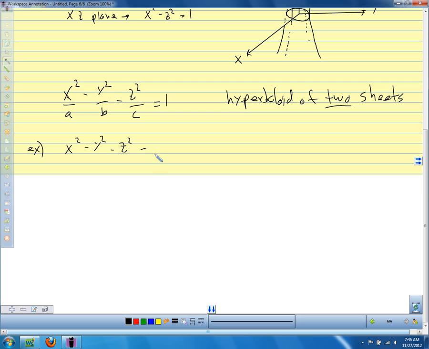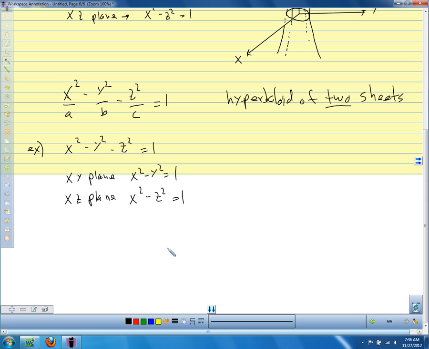So in the xy plane, I have x squared minus y squared equals 1, which is a hyperbola. In the xz plane, I have x squared minus z squared equals 1.